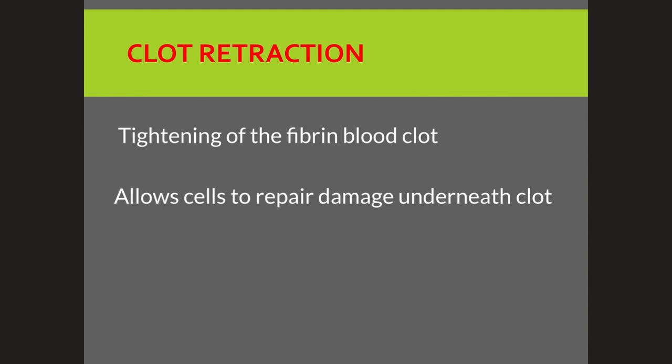Fibroblasts can come in and form new connective tissue, and then new endothelial cells can start to form to repair that vessel. The clot is going to stay in place until the entire area has been repaired by these other cells. Once the entire area has been repaired after several days, the clot will then eventually fall off.